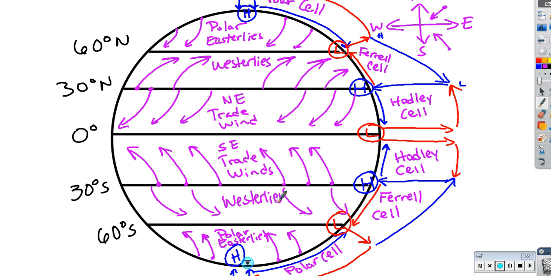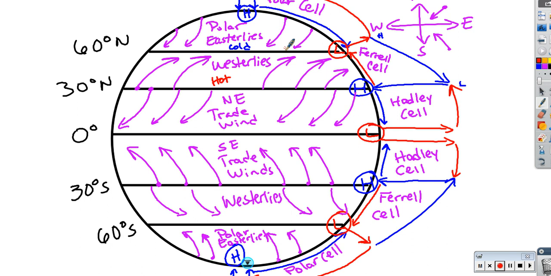Now, the air is cold here, and the air is warm here. So where these two winds clash is going to be the development of what we call the polar front.